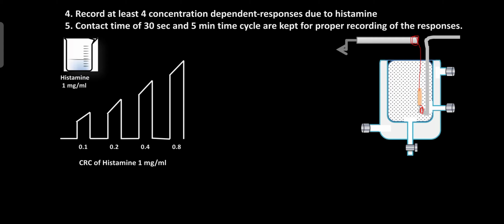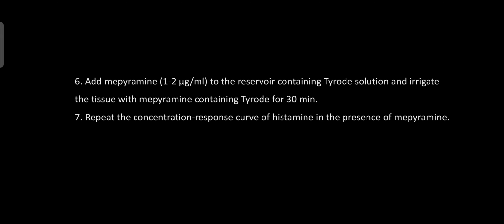So after the CRC of histamine, add mepyramine, that is 1 to 2 microgram per ml, to the reservoir containing Tyrode solution and irrigate the tissue with mepyramine containing Tyrode for 30 minutes. Here mepyramine is an anti-histaminic drug.